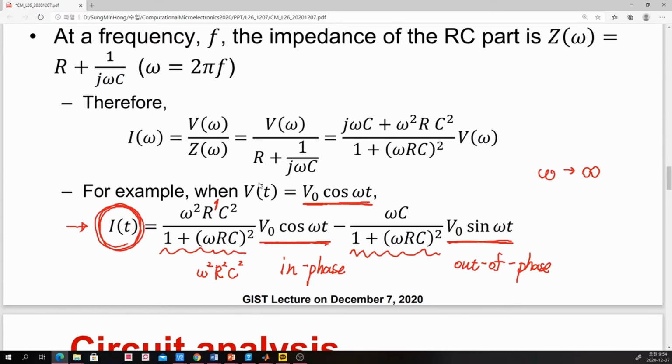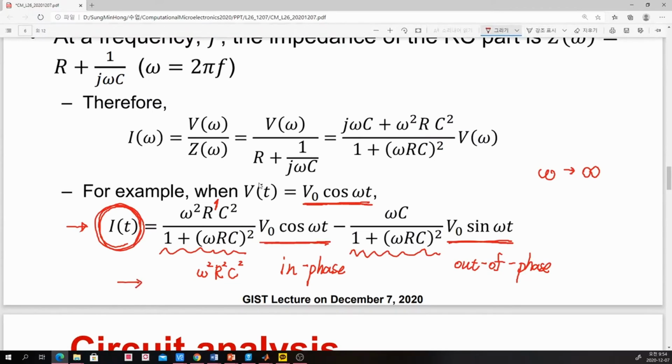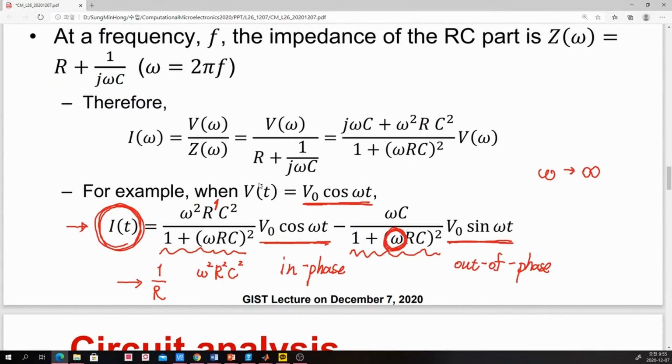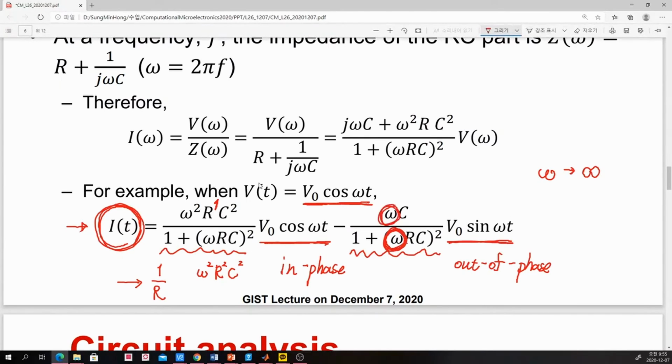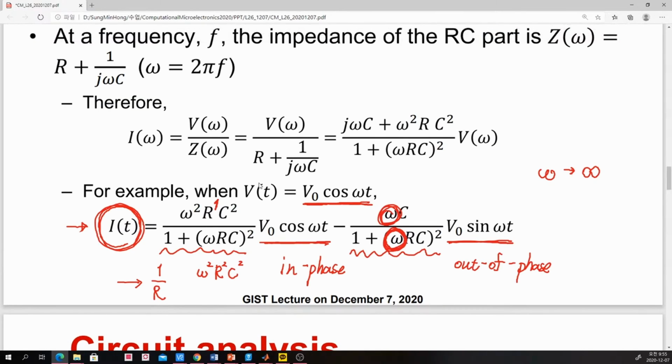So in this limit we will have 1 over r. And how about this second coefficient? In it, we have a second order term in omega and a first order term in omega. So if we go to very high frequency, this one becomes 0.